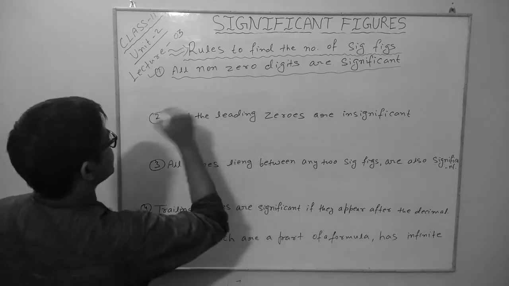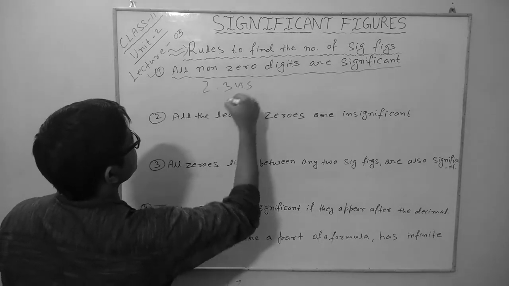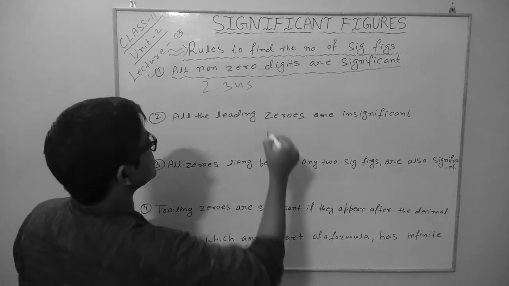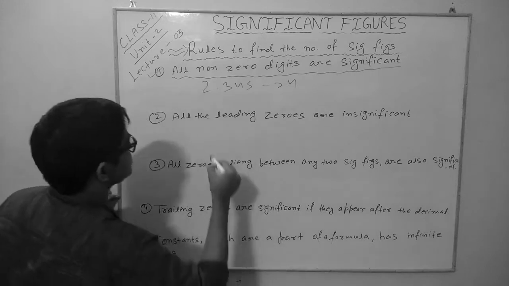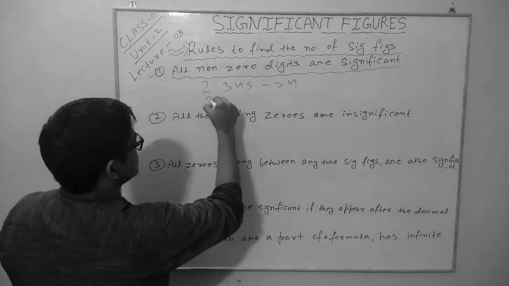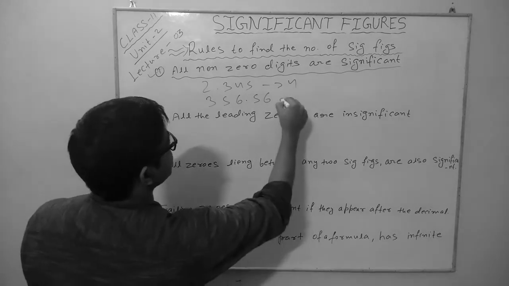That means, say my measured number is 2.345. So here the number of sig figs is 4. Sig figs means significant figures. Take 356.56. The number of sig figs is 5. Why?